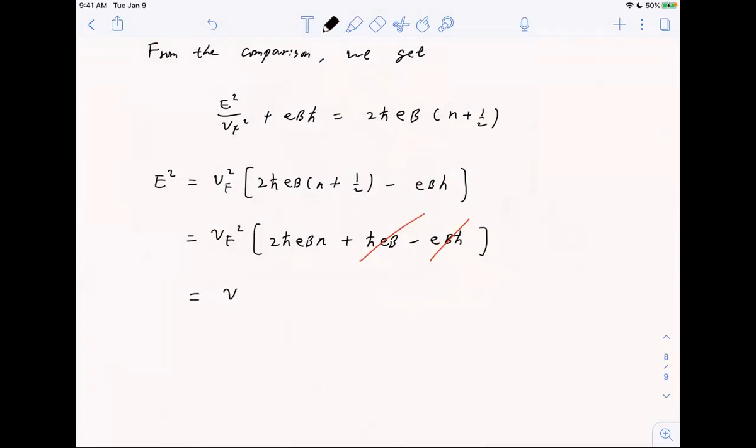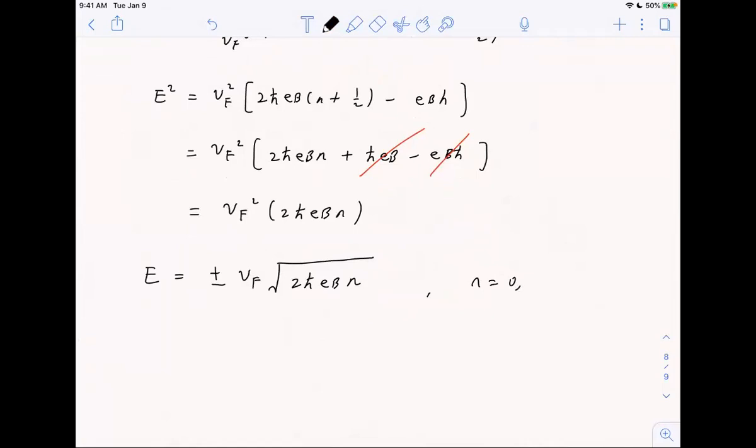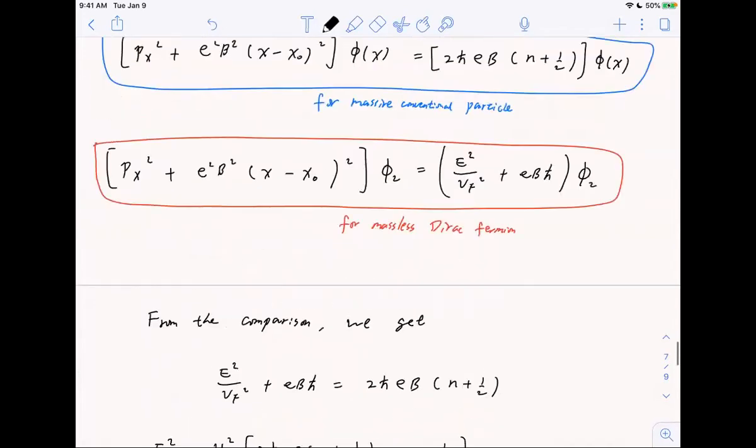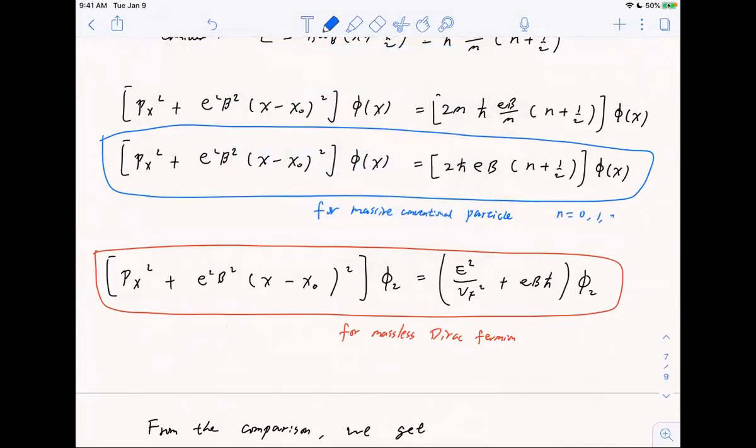So basically, this is E squared equals v_F squared times 2 h bar e b n. And then the energy will be square root of v_F squared 2 h bar e b n. Here n is 0, 1, 2, 3, and so on. This comes from the massive equation, because in this equation, n equals 0, 1, 2, 3.